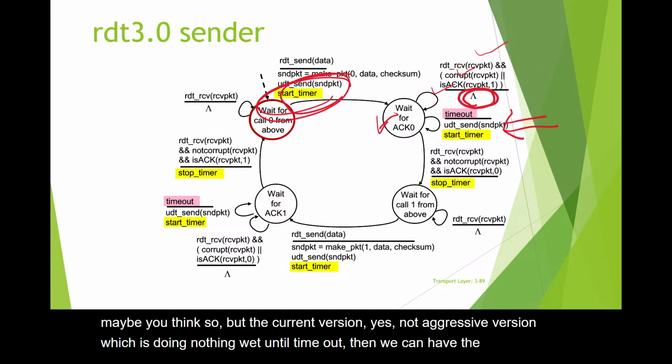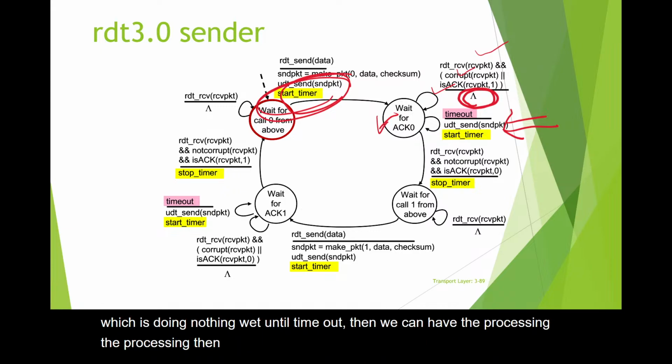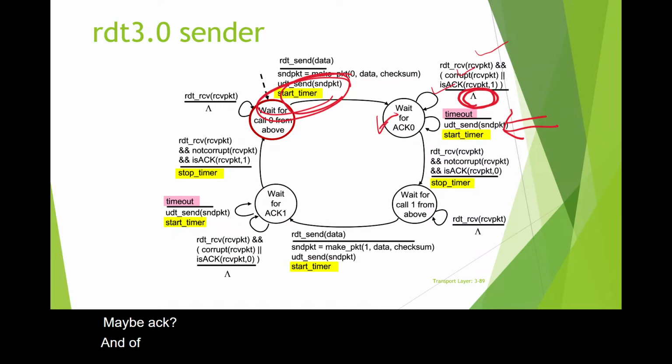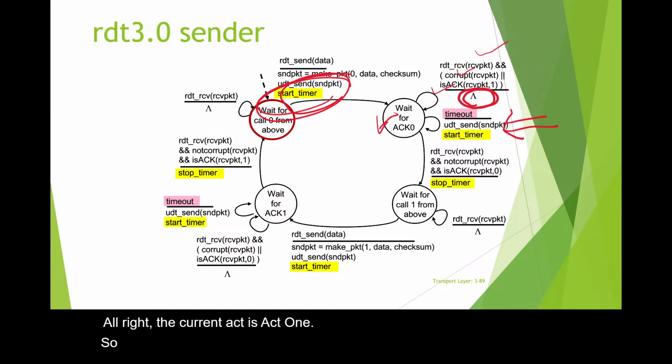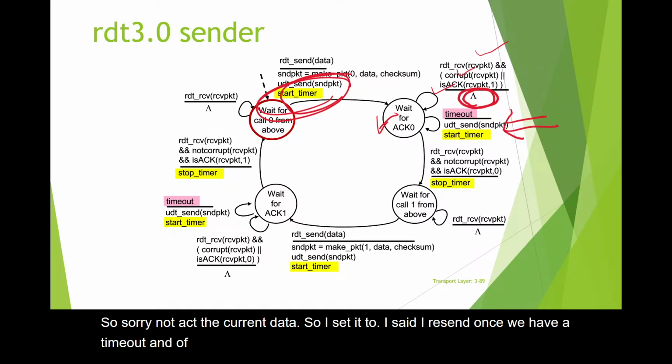The processing says, oh, I send the current data, and of course, we should set the timer. The current data is data 1. So I resend once we have a timeout, and of course, set the timer.